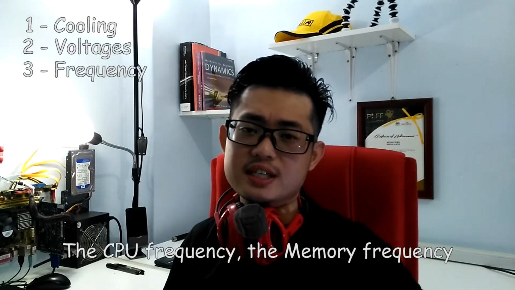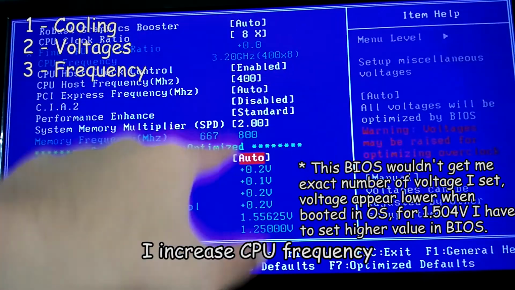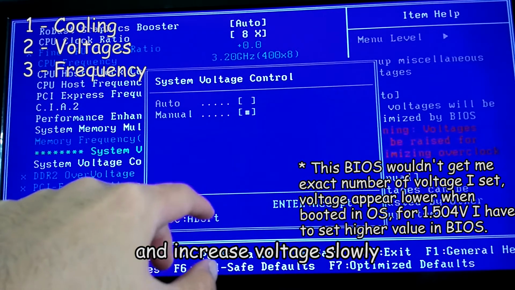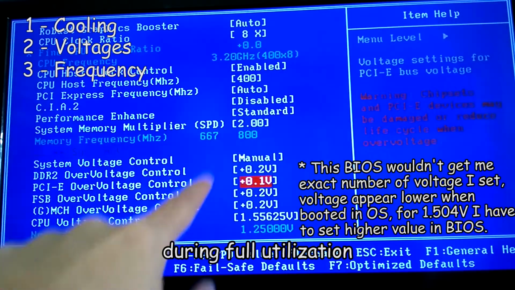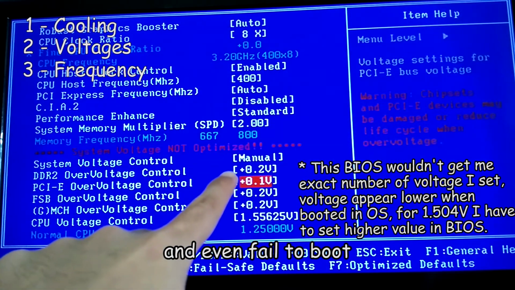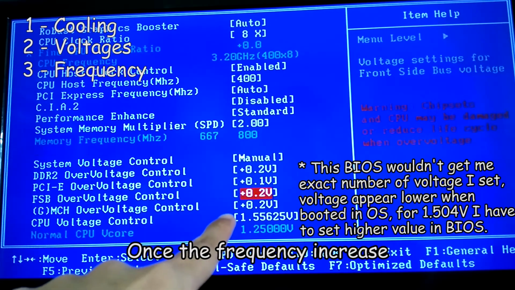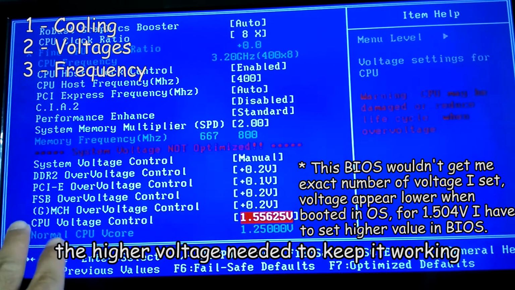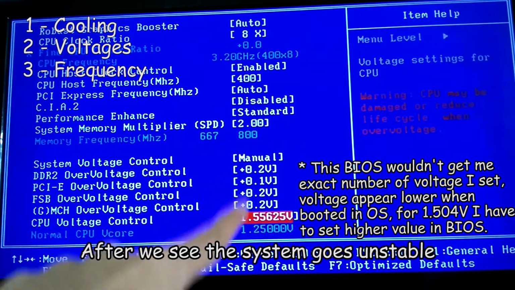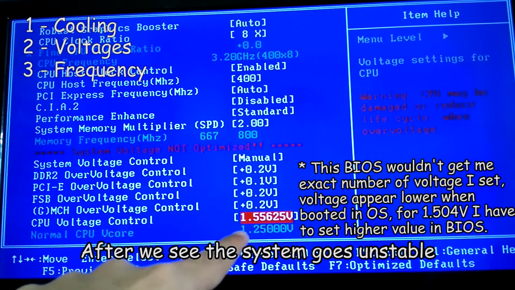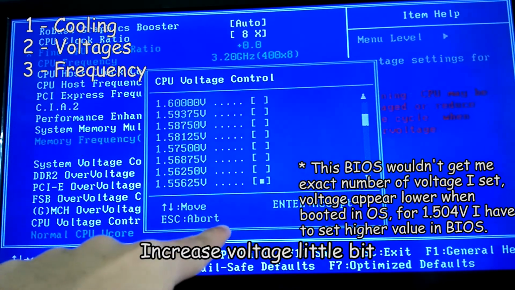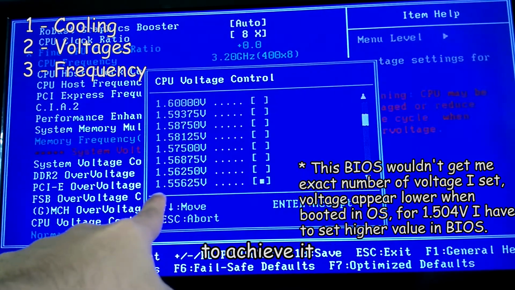Now number 3, frequency. The CPU frequency, the memory frequency. I increase CPU frequency and increase voltage slowly until the system starts to fail during full utilization and even fails to boot. Voltage is to maintain the stability of the system. Once the frequency increases, the higher voltage is needed to keep it working. After we see the system goes unstable, increase voltage a little bit, sometimes a little bit more to achieve it.